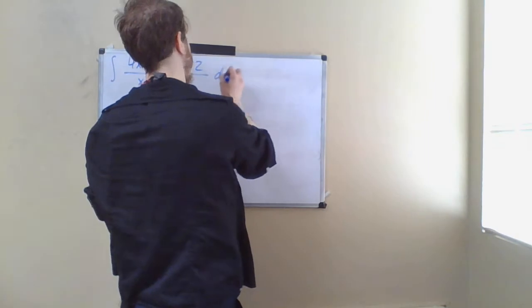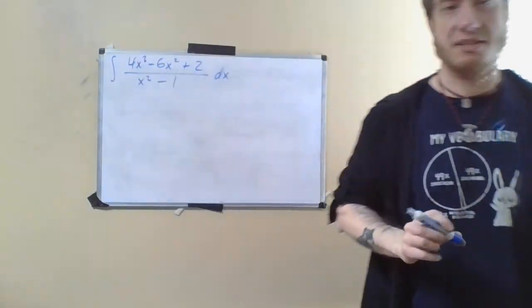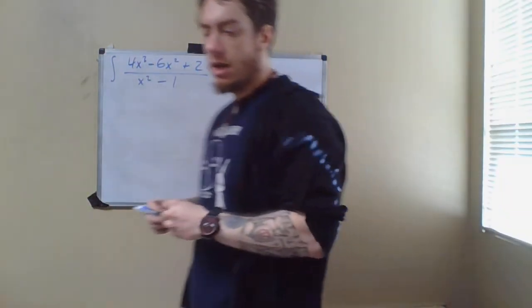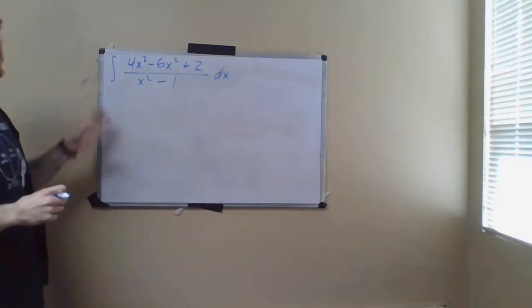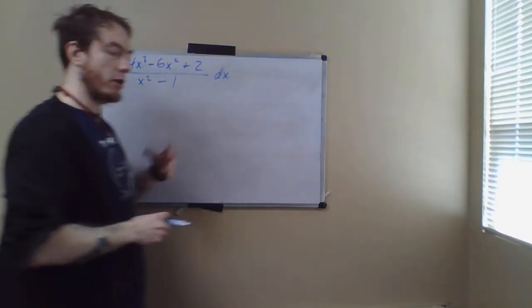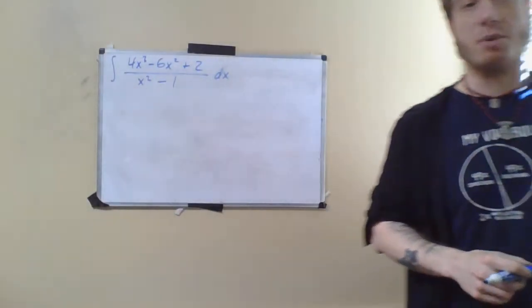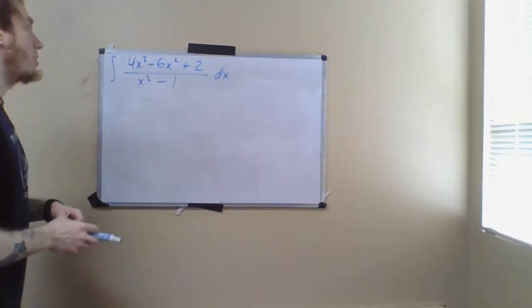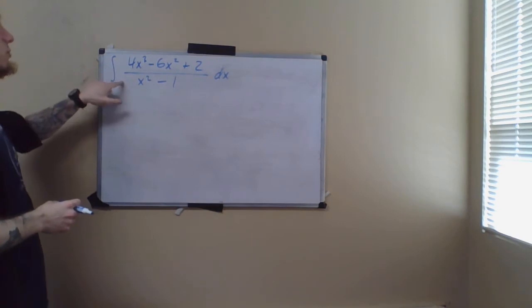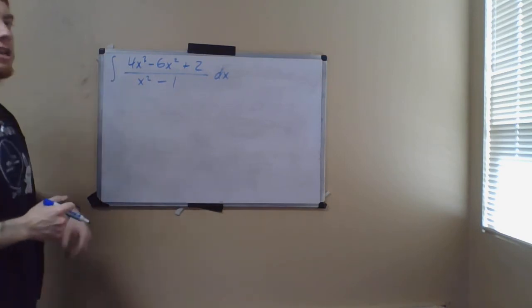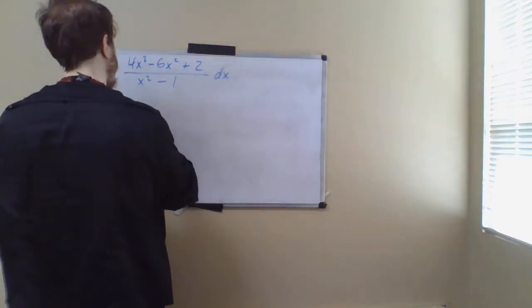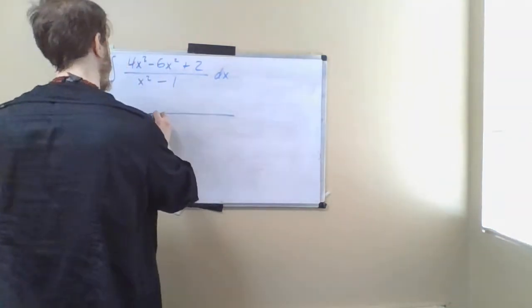Because I don't want to do anything super complicated here. This will give you the idea, and then you can work the slightly more complicated examples as you go. So what would I do? I cannot just apply partial fractions because the numerator is a larger degree than the denominator. So I do polynomial division.